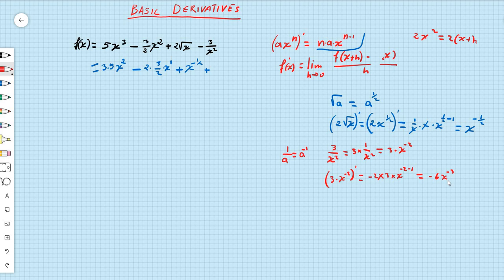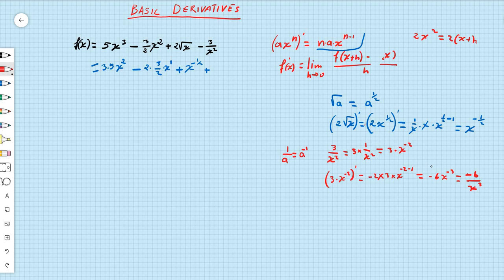So this term here, x to the power of -3, will be what? 1 over x to the power of 3, right? And since we have -6 times that, it will be -6 over x to the third.